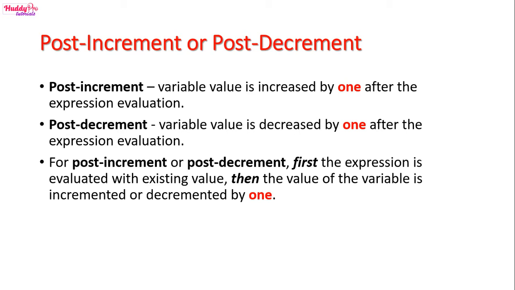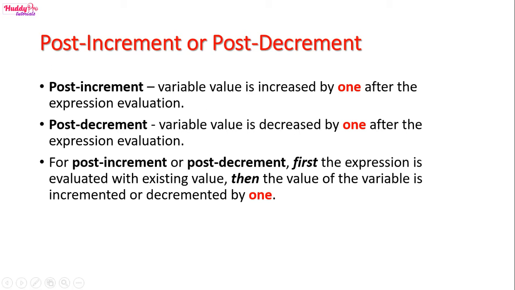Then after that, the value of the variable is incremented or decremented by 1. First, the expression is evaluated with the existing value before the modification. After that, the value of the variable is incremented. So assignment first, then modification comes later, unlike the pre-increment or pre-decrement.